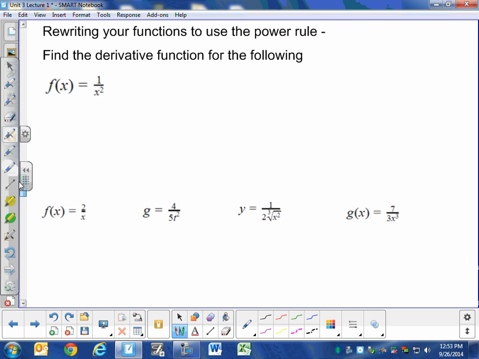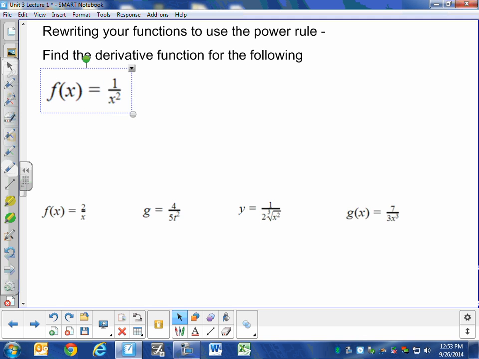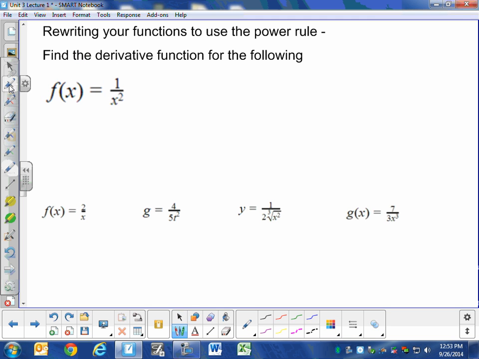Now, let's look at f of x is equal to 1 over x squared, and we want to take the derivative of this. I will tell you right now that the derivative of this, f prime, is not 1 over 2x.